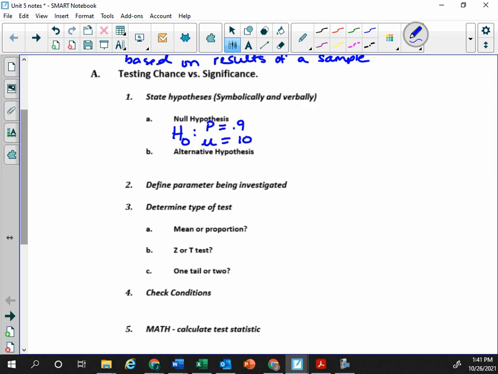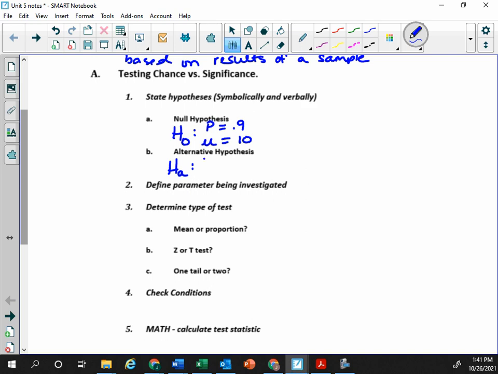And that always comes from the parameter. It's not x bar, it's not p hat. It's p and mu. It will always be that it equals some number or proportion. Your alternative hypothesis, that's H sub A, still sticking with p and mu, but it's basically any inequality that you could write.